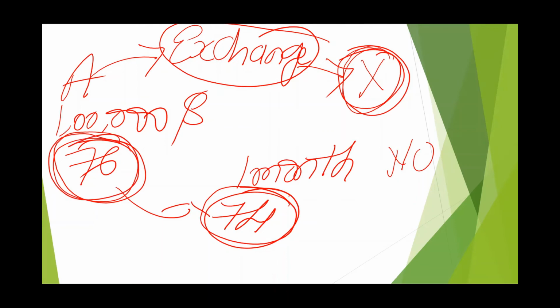Now, if he doesn't purchase, X will be at a loss. Now, how are we going to solve the losses that both parties incur when the price fluctuates? For that, we have an option contract.